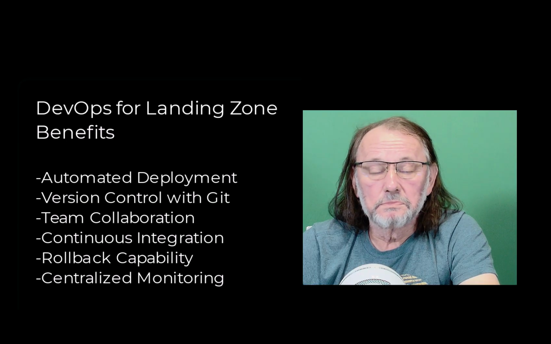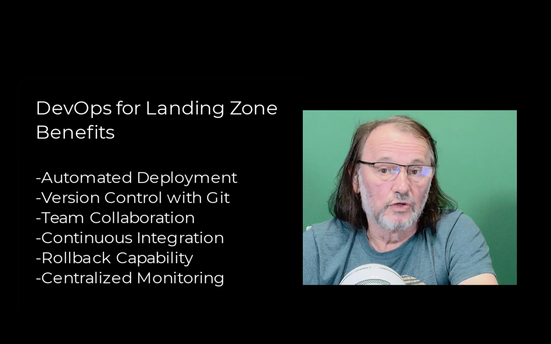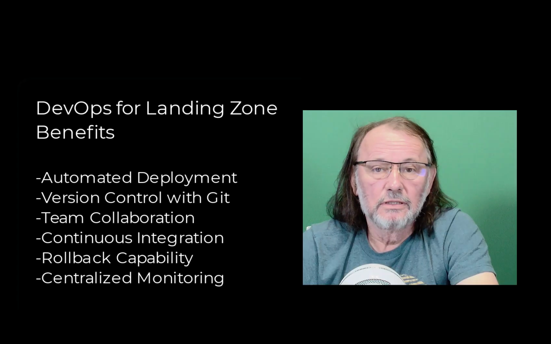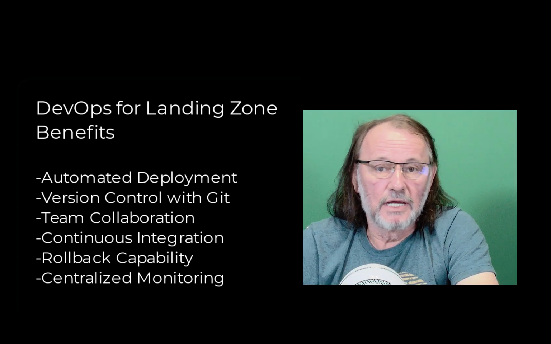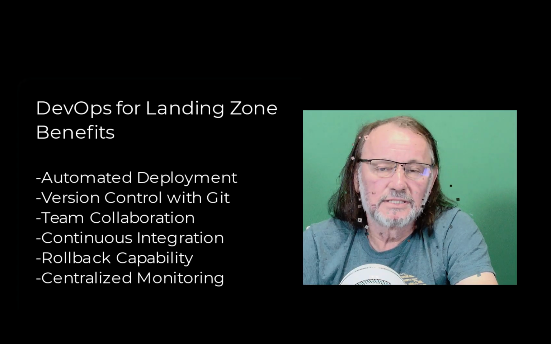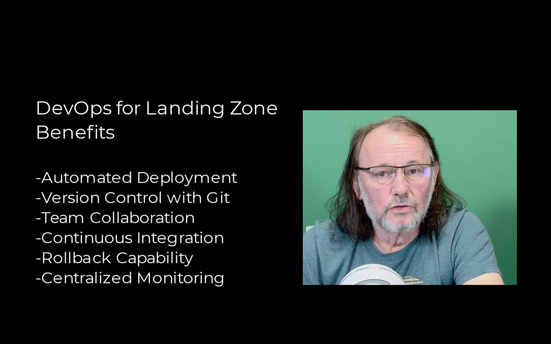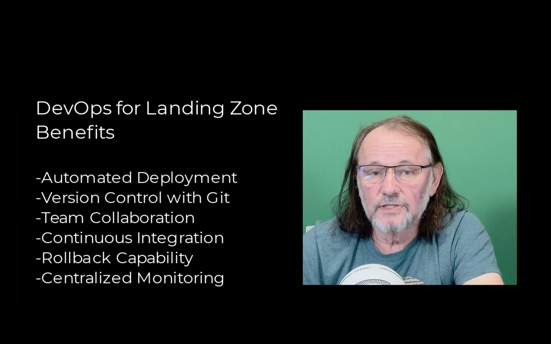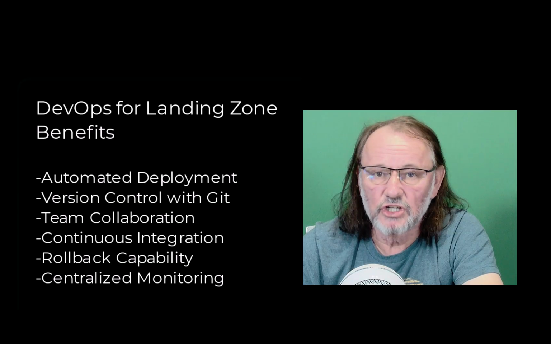DevOps delivers automated deployments through the pipelines, enabling the entire landing zone to be deployed with a single action, saving valuable time as the e-commerce platform scales. Version control with Git becomes available, facilitating management for updates and consistent infrastructure.